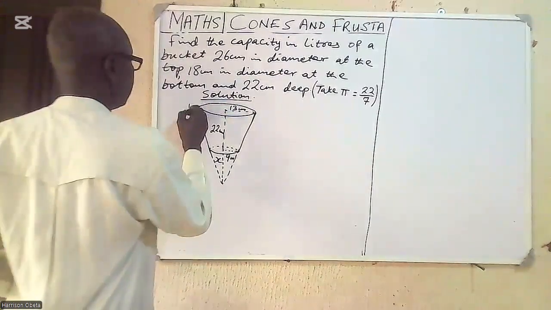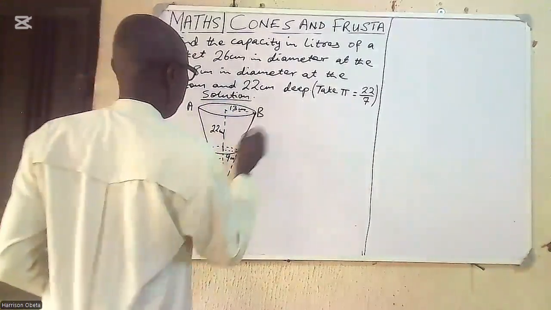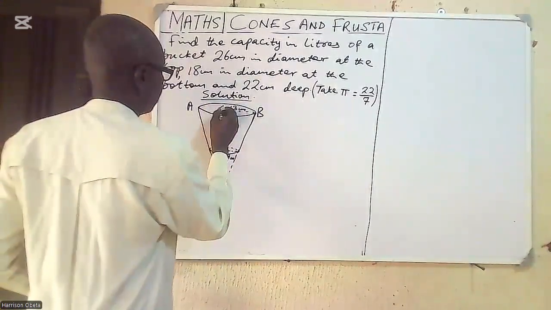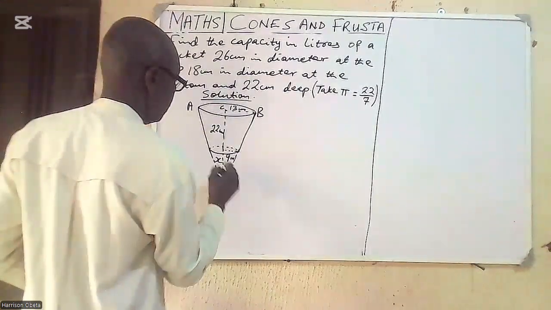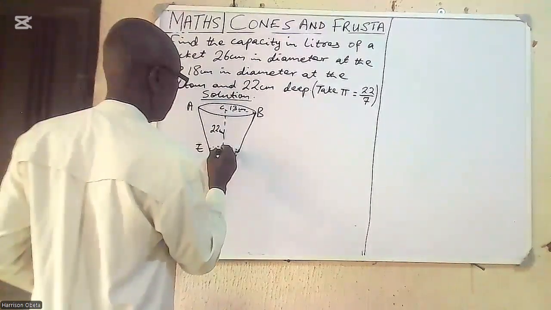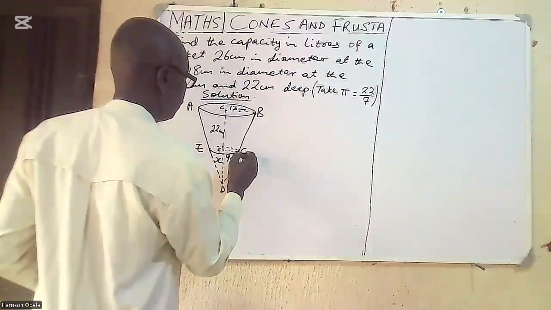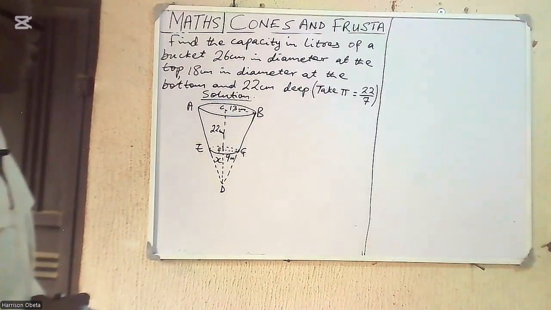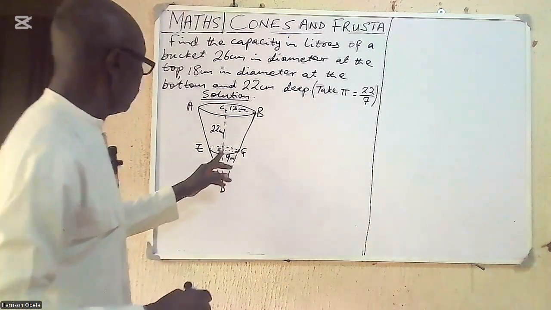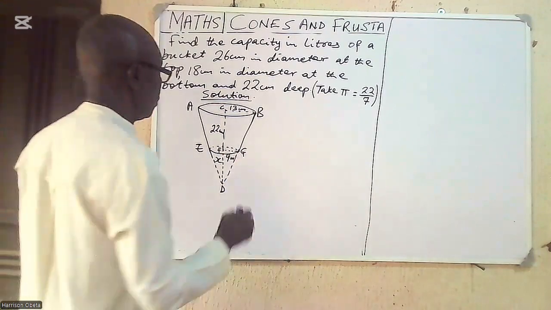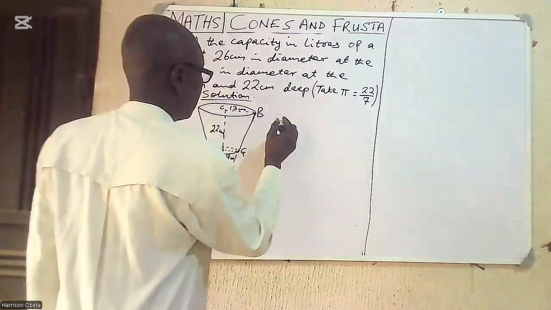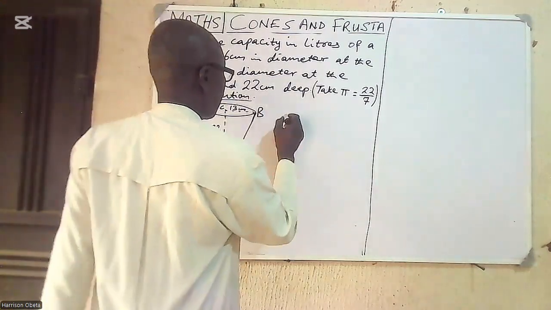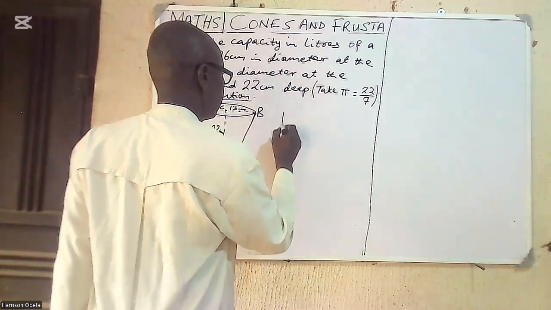So we can label it A, B, C, D, E, F, G. Before we continue, we need to know the value of x. So we bring out this part, and we have something like this.